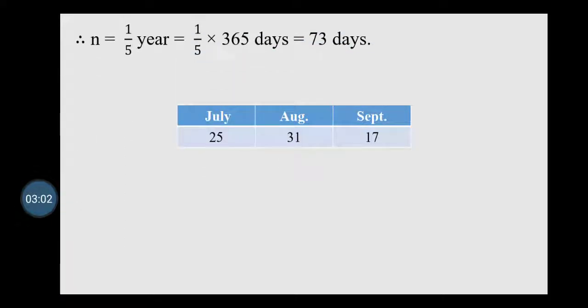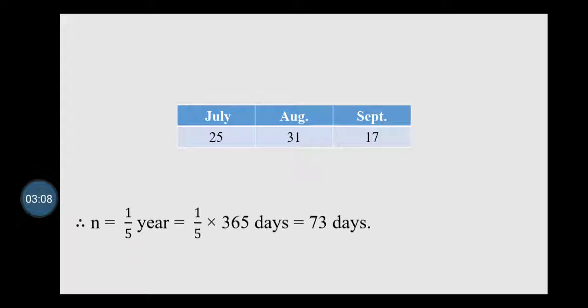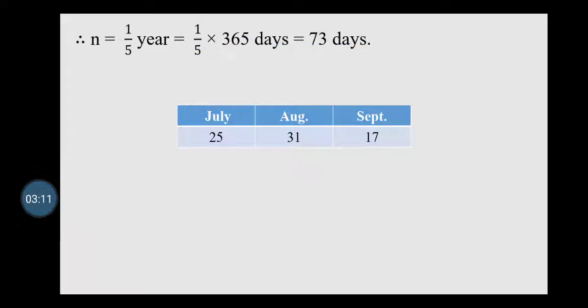So, n equal to 1 upon 5. Here, it is equal to 1 upon 5 into 365 days equal to 73 days. Student, as we know that in the formula of interest, n is always in the year, and as we are solving the question related to discount where we are finding the period of the bill, and we know that period of the bill should be counted in days or month.